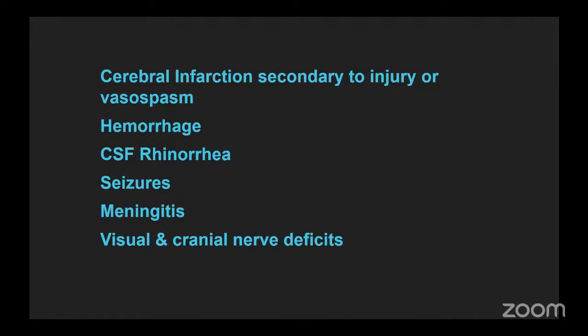So you might think that these are some small perforators and you end up using bipolar without much concern, then the patient is going to have DI postoperatively because hypophyseal arteries are crucial for the infundibulum and for the pituitary capsule. Along with that, CSF rhinorrhea is a possible complication. We discussed it previously. Seizures, meningitis, visual and cranial nerve deficits are also complications, which we are going to see in detail.